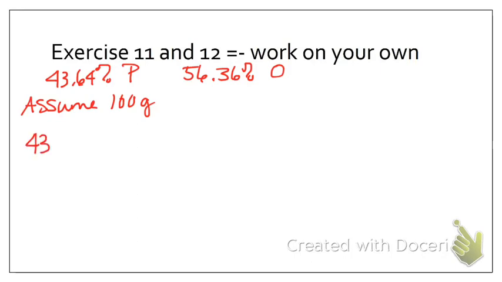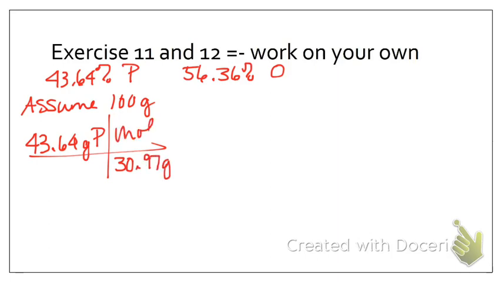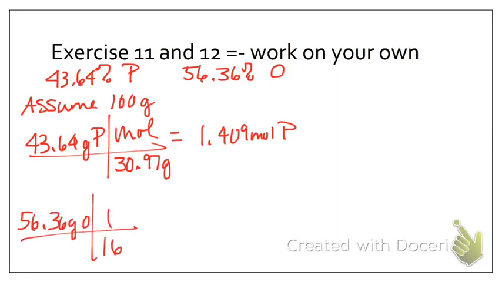So then that would be 43.64 grams of phosphorus divided by its molar mass, 30.97, which comes out to be 1.409 moles. And then we do oxygen, 56.36 grams, divided by 16, which is 3.522 moles of oxygen.